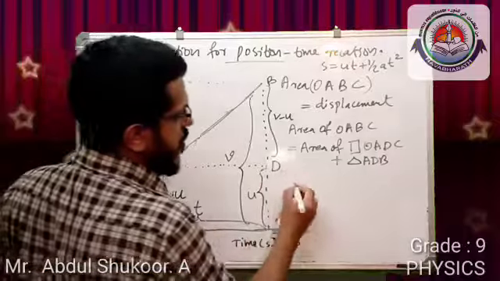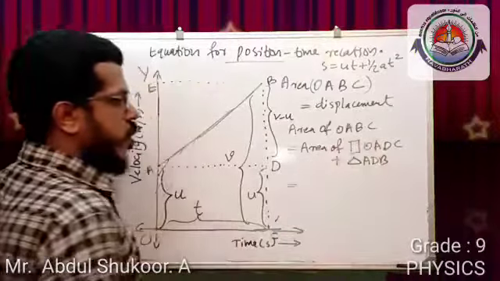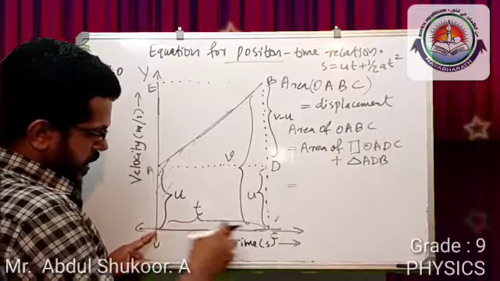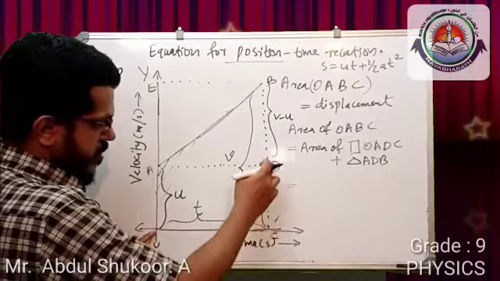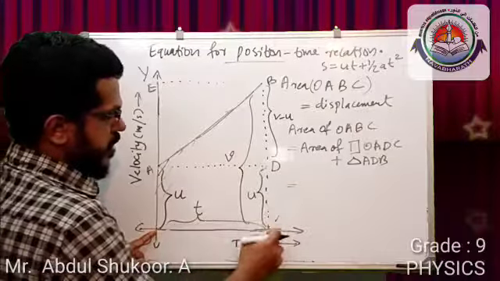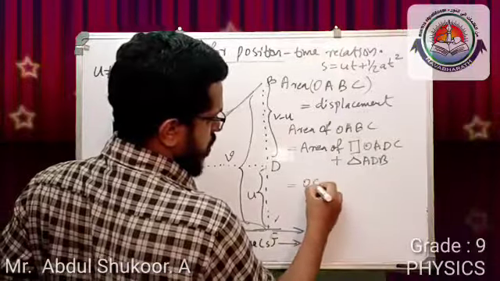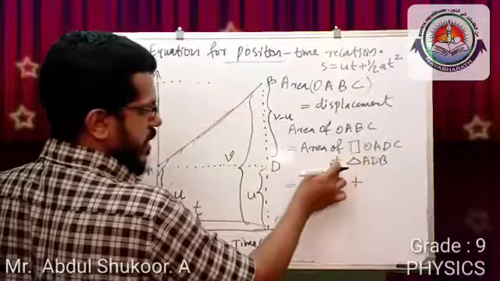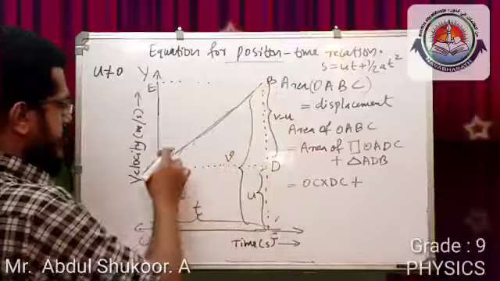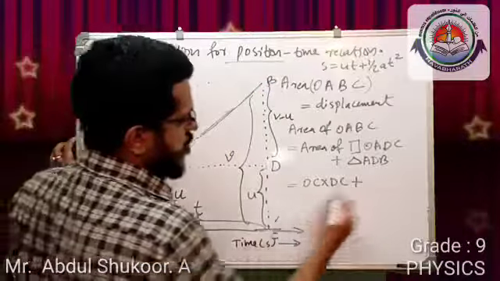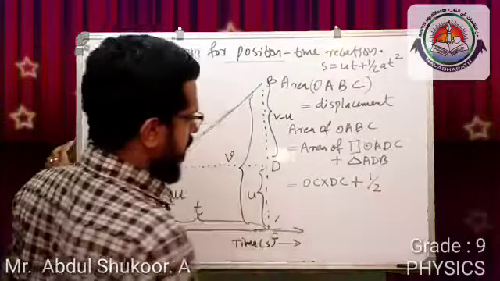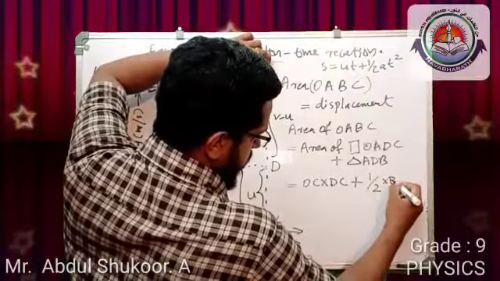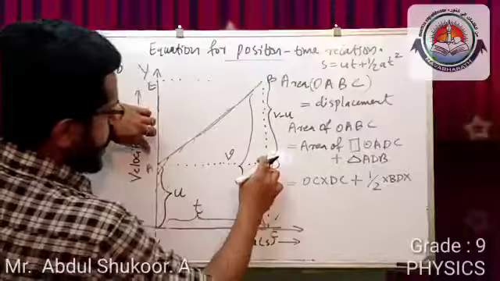Then how can we find the area of rectangle OADC? We know that it is length into breadth, that is OC into DC. Plus the area of triangle ADB, which can be found as half base into height, that is half BD into AD.